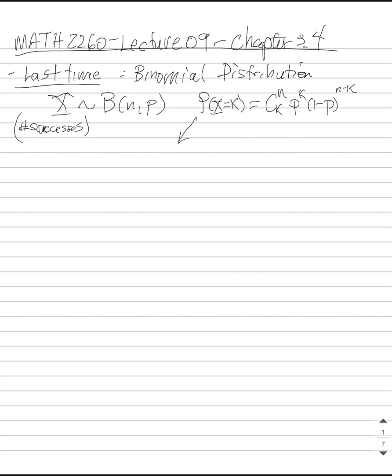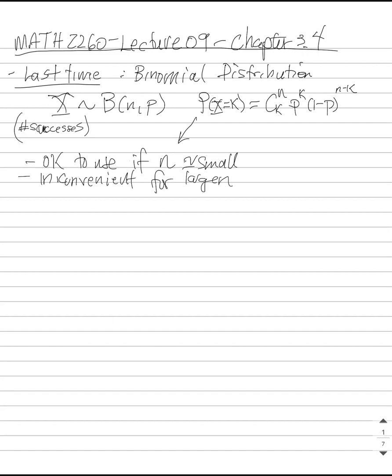Now, this is okay to use if n is kind of small, let's say 10, 20, something like that. But it's pretty inconvenient to use for large n.